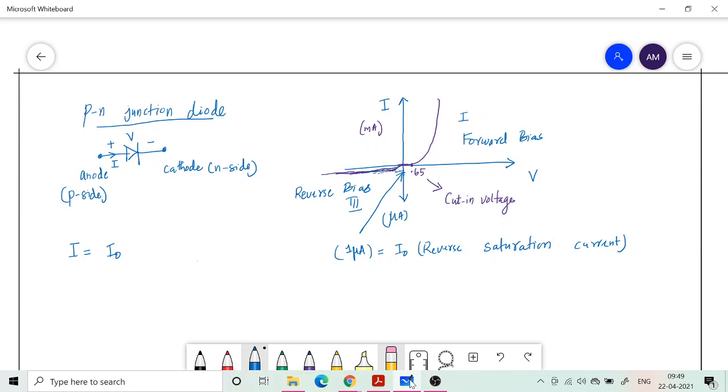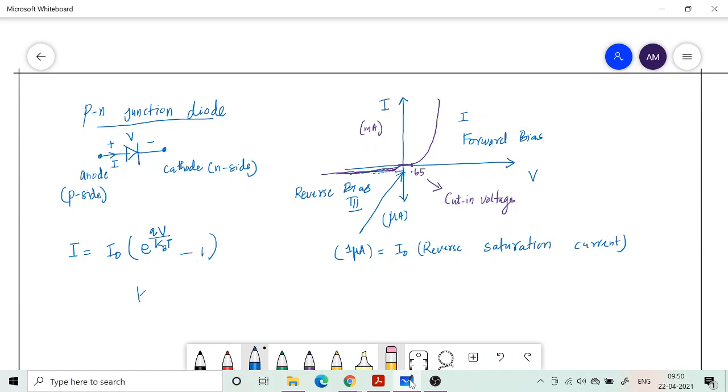The exact value depends upon the doping concentration and various other parameters relating to the material and the construction of the diode. So I0 into e raised to qV by kT, minus 1, where V is the voltage.